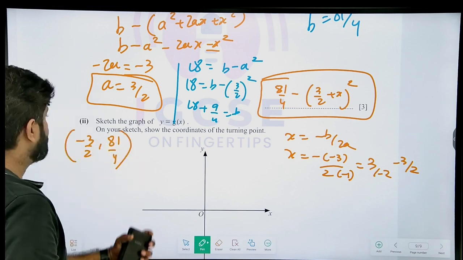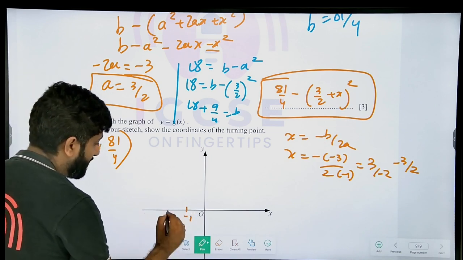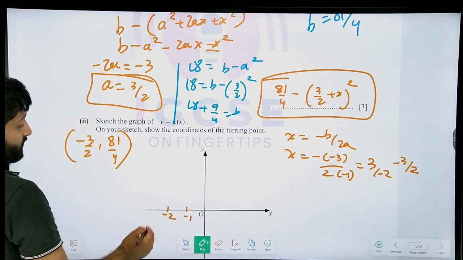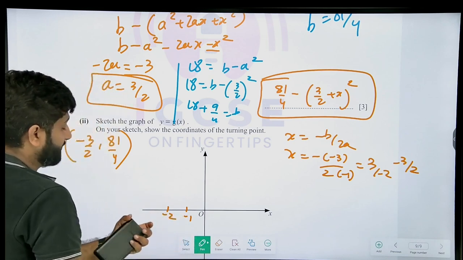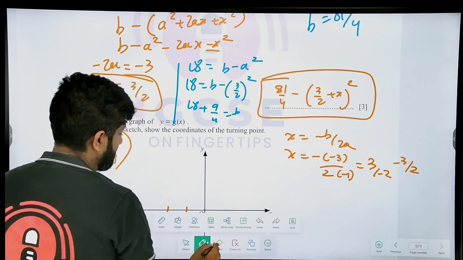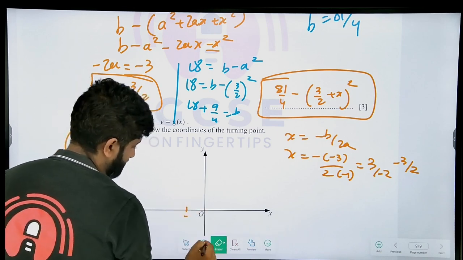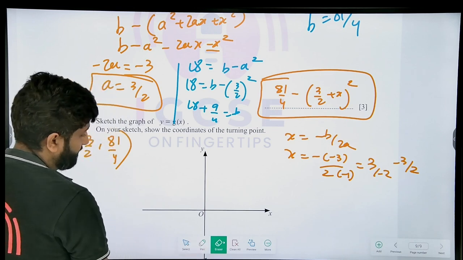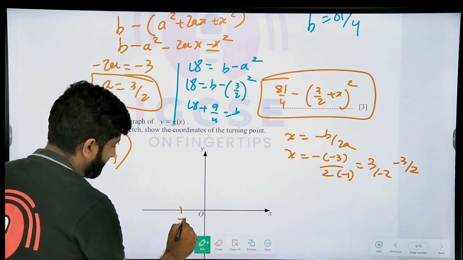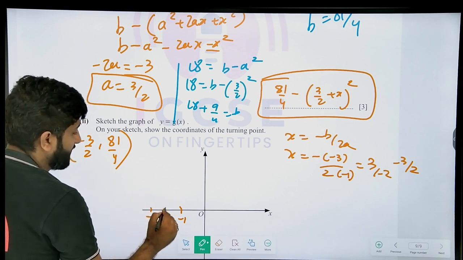Right. So now, obviously, let's say this is negative 1, this is negative 2. Let me just make some graph. Just a second. Let's say I have negative 1, I have negative 2, negative 3 by 2, that is somewhere over here, right?